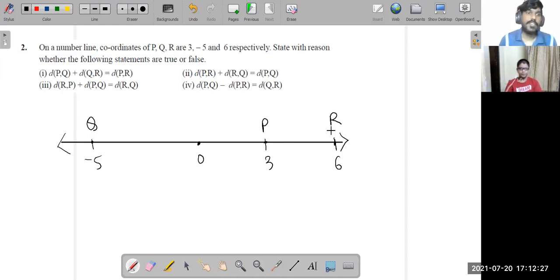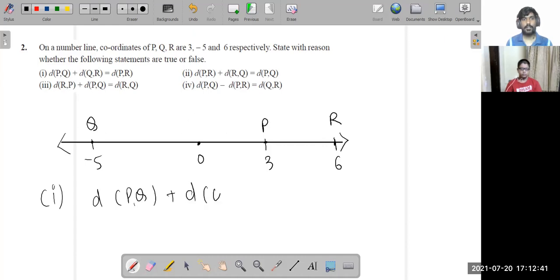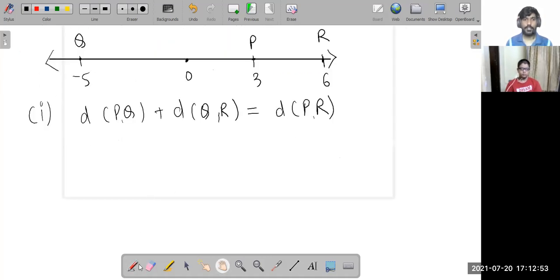Now you have to state with reasons whether the following statements are true or false. The first statement is distance PQ plus distance QR is equal to distance PR. You have to check whether this is true or not. So first, find out each distance.